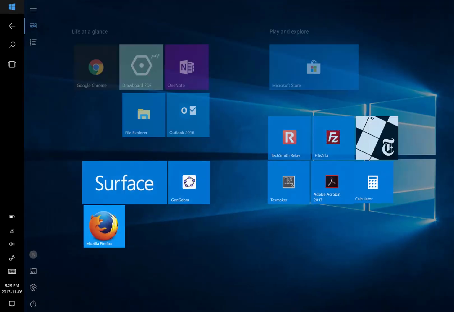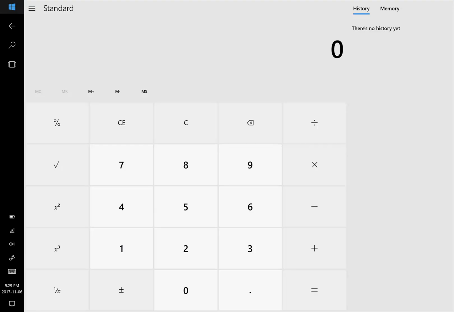Actually, let's bring out our calculator again. 1.1 cubed is 1.331. Okay. Let me make sure I didn't mess up that other one. 1.1 squared times 5 is 6.05. Okay.